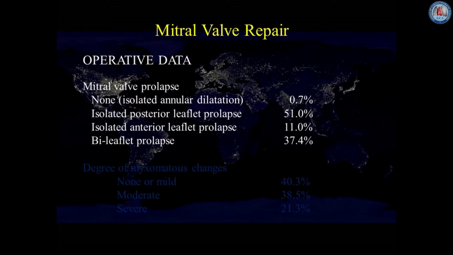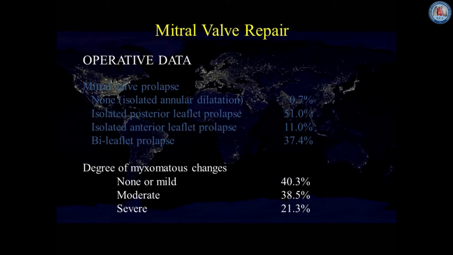Less than 1% had no leaflet prolapse, and the remaining had posterior leaflet prolapse, isolated anterior, or bileaflet prolapse.